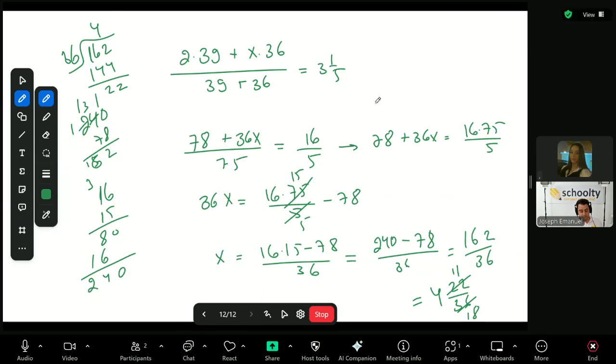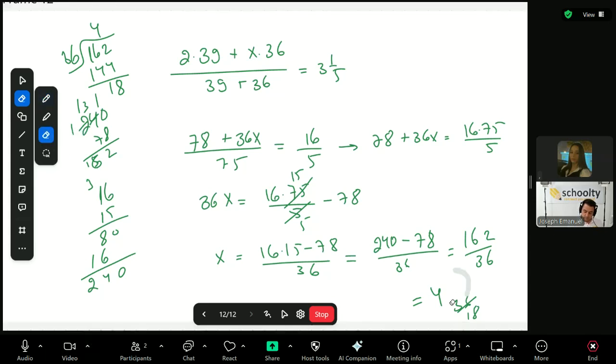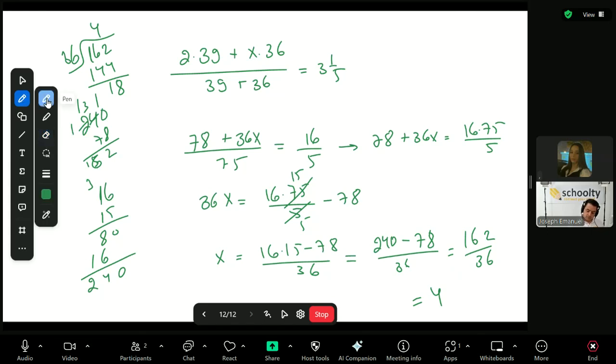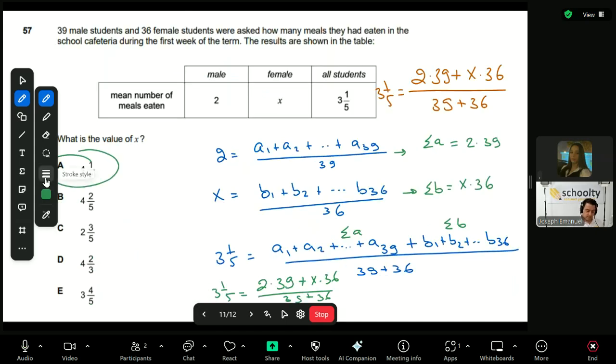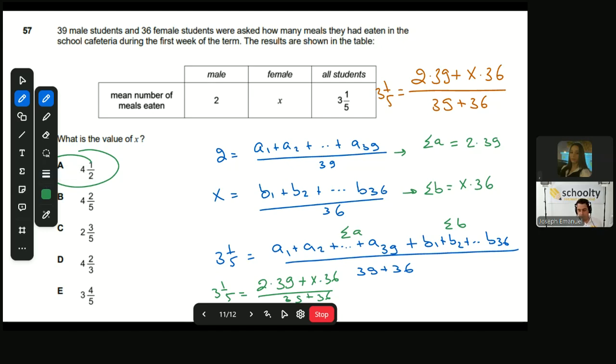In the long division, the remainder is 18. And 18 is half of 36, so the answer for the long division is 4 and 18 over 36, so 4.5. Okay, 4.5. This is A. Cool.